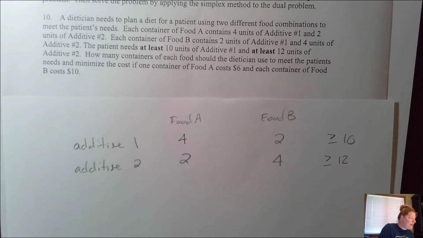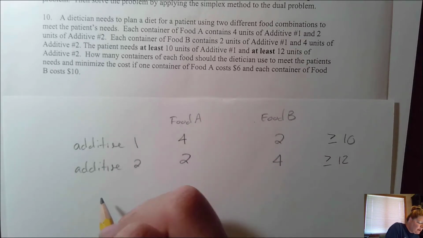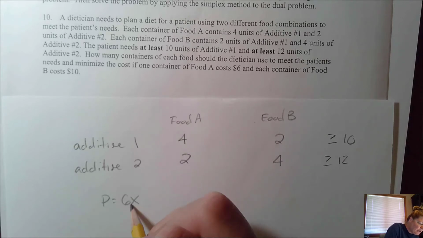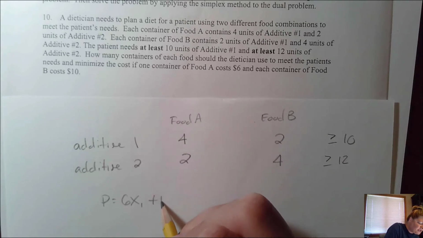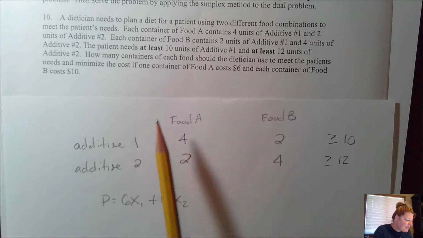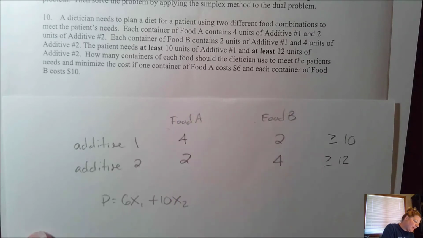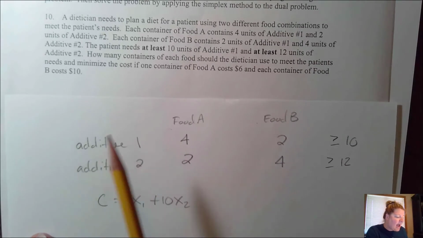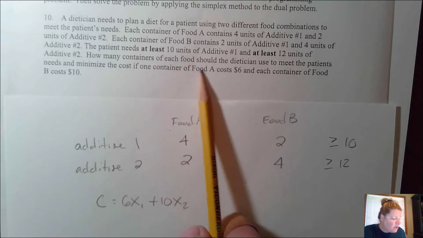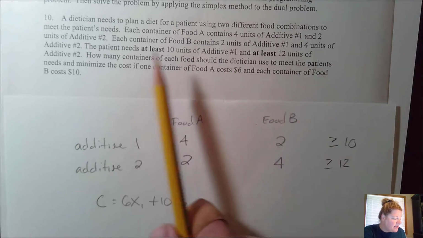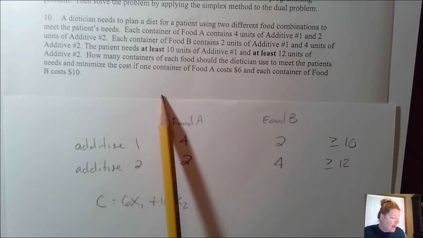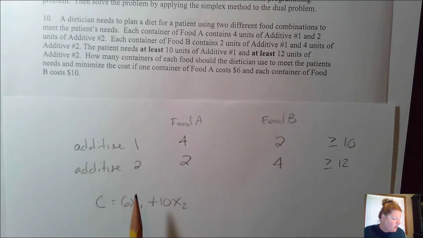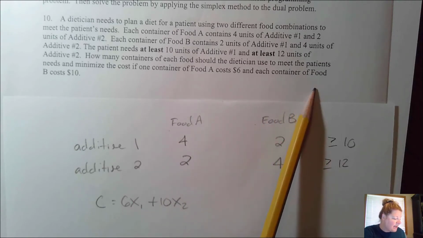All right, and then we know our objective function is going to be 6x1 plus 10x2. Oh, and I shouldn't call that P, I should call that cost. How many containers of each food should they use to minimize cost at $6 for food A and $10 for food B?